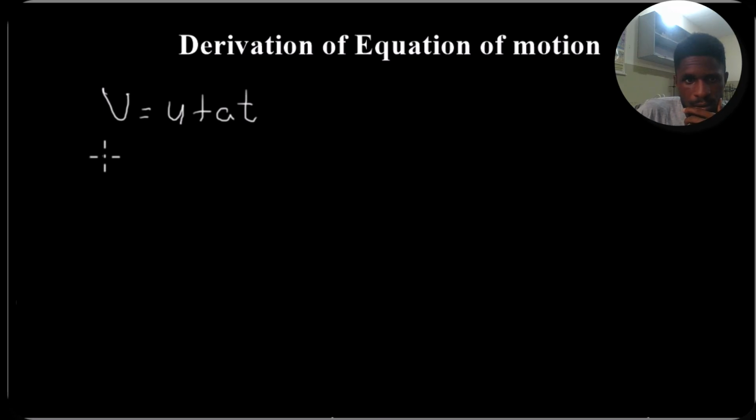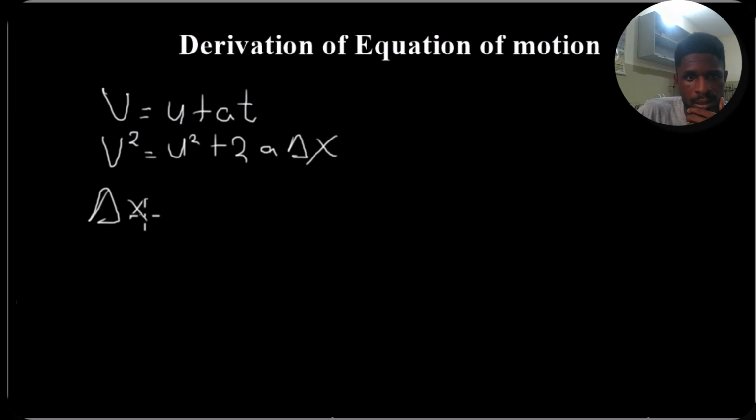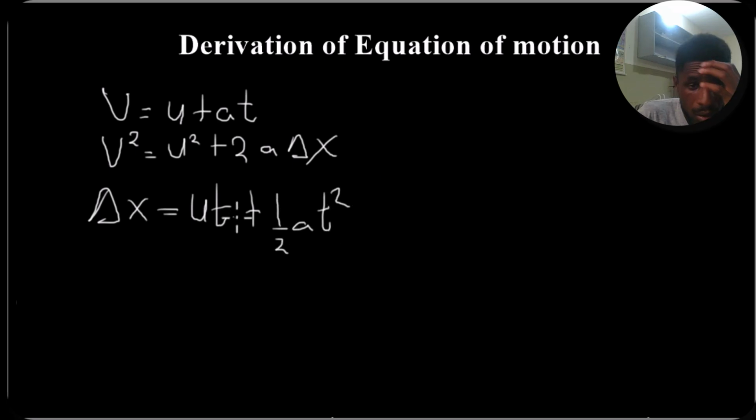The second, v squared is equal to u squared plus 2a delta x, and finally delta x is equal to ut plus half at squared. But how do we arrive at these equations? That's what we're going to be finding out.